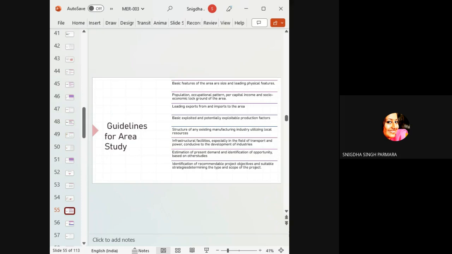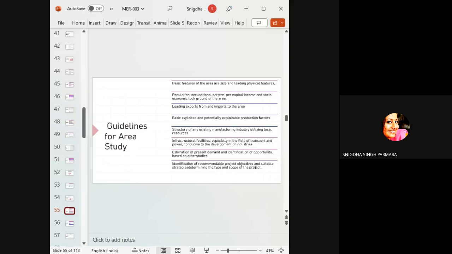They need to figure out the basic features of any location, the basic features of any area, what resources they have to offer to the business enterprises, how much of the resources of the same area or same locality has already been exploited by other competitors present there, what are the future opportunities that the area can offer in terms of resources.